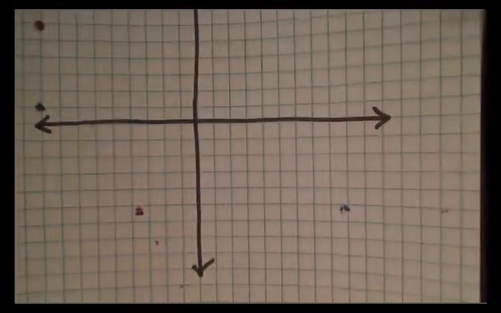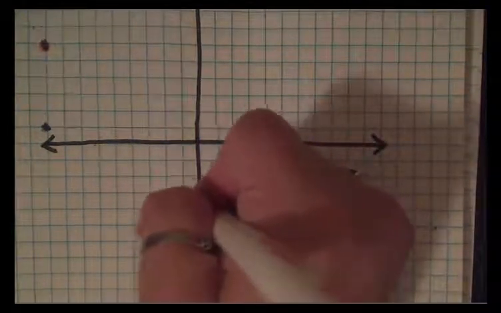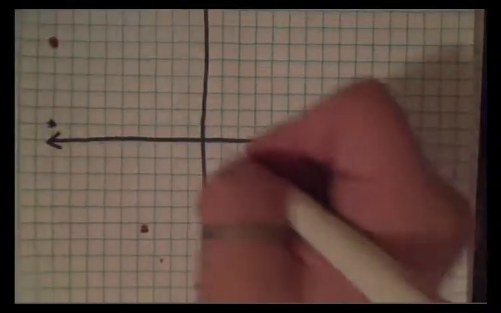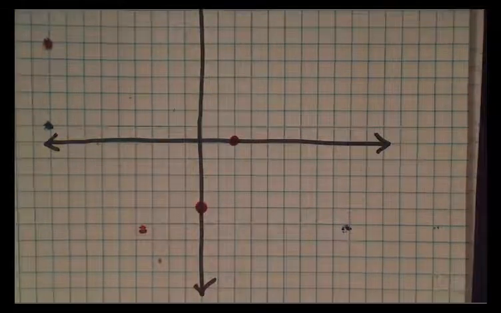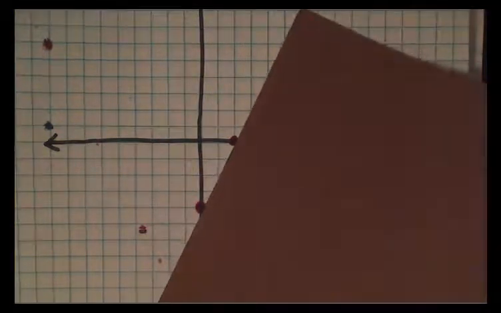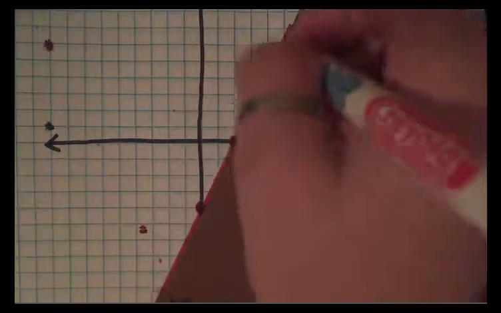So my point is 2, 0. So let's graph that. Sorry, my dot split through from the other page, but we have 1, 2, 3, 4. And our other point was 2, 0, just right there. So there's my red line.